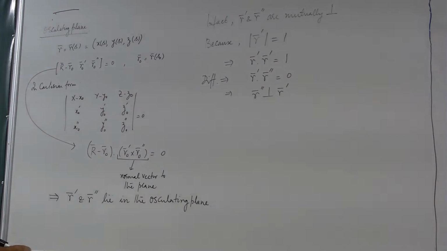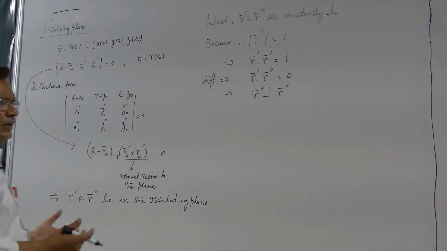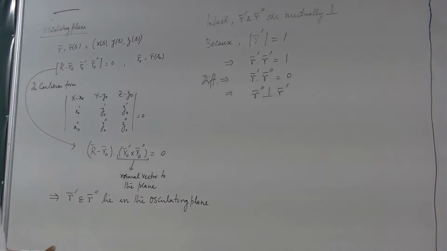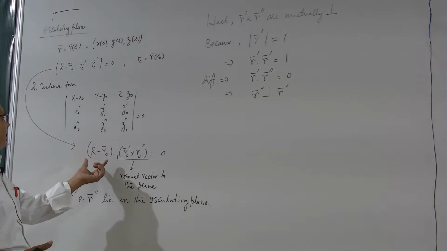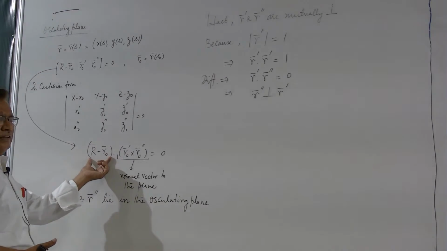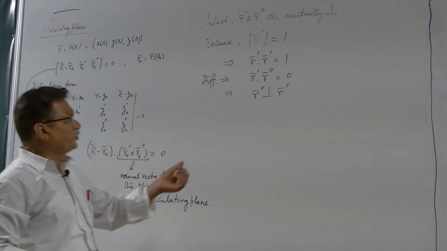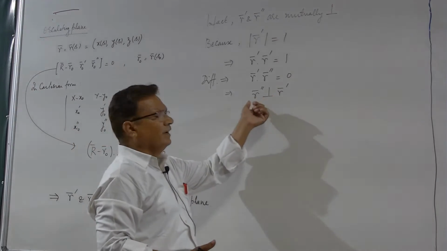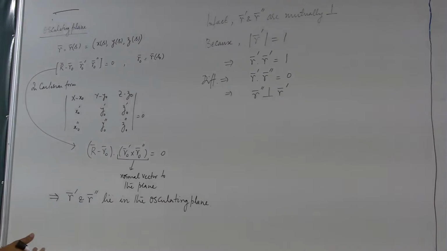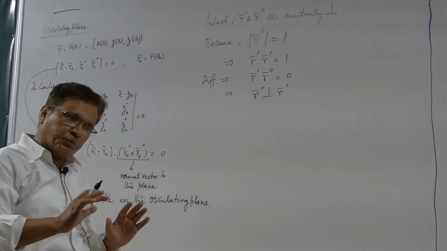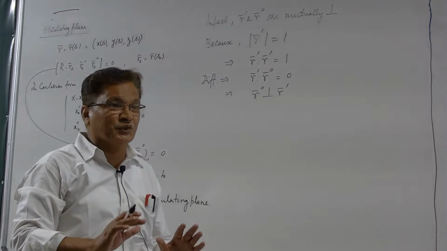So, these vectors are perpendicular to each other, and therefore they are linearly independent, and any two linearly independent vectors generate a plane. So, in other words, the osculating plane is generated by these two vectors r dash and r double dash, because r dash I have proved in the beginning itself that it is a unit vector.